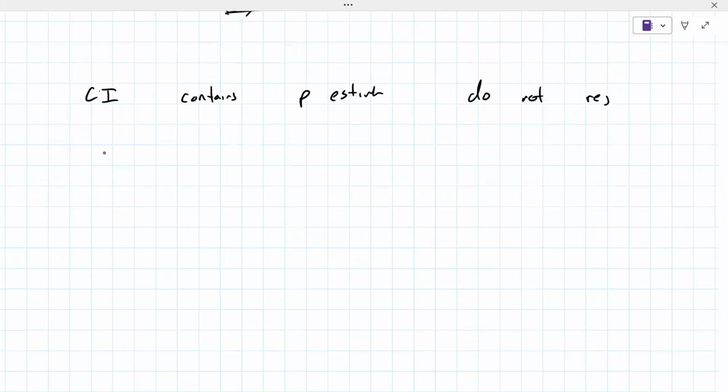So really quickly, if the confidence interval contains the p estimate, you do not reject. If the confidence interval does not contain the p estimate, and this is true for anything like x bar or any of the other stuff, you reject.